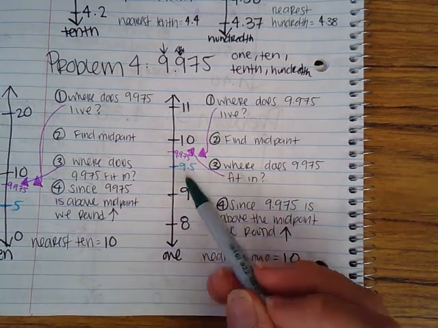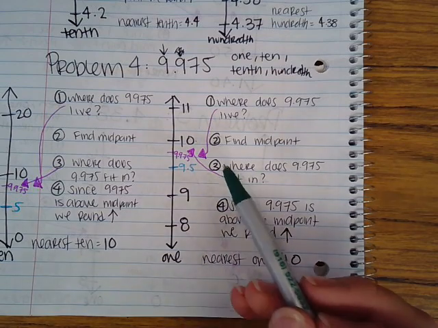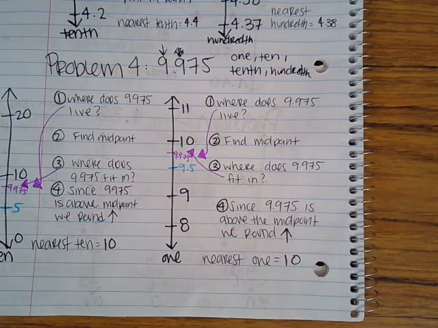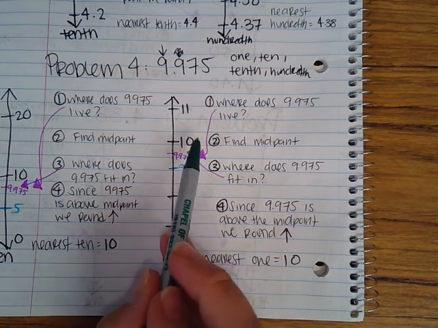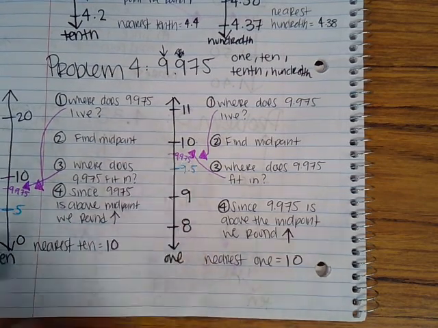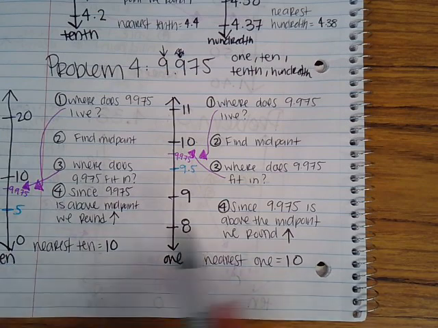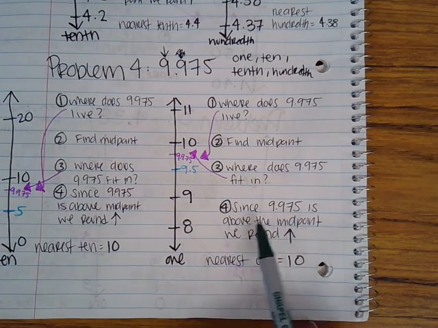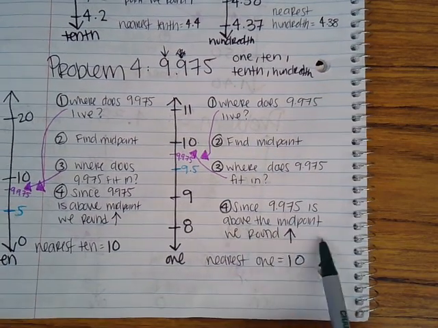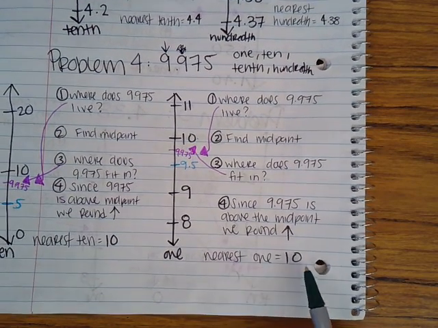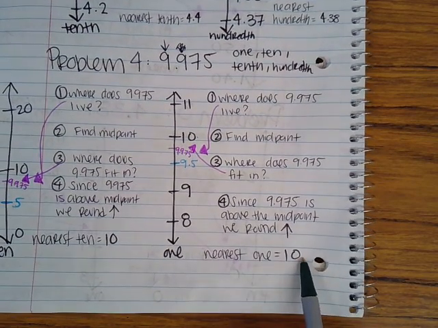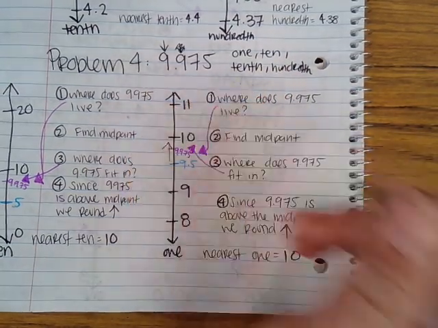Does it fit in between 9 and 9.5, or does it fit in between 9.5 and 10? It fits in between 9.5 and 10, 9.975. Okay, so since 9.975 is above the midpoint, we round up. So the nearest one is 10. All right, we round up.